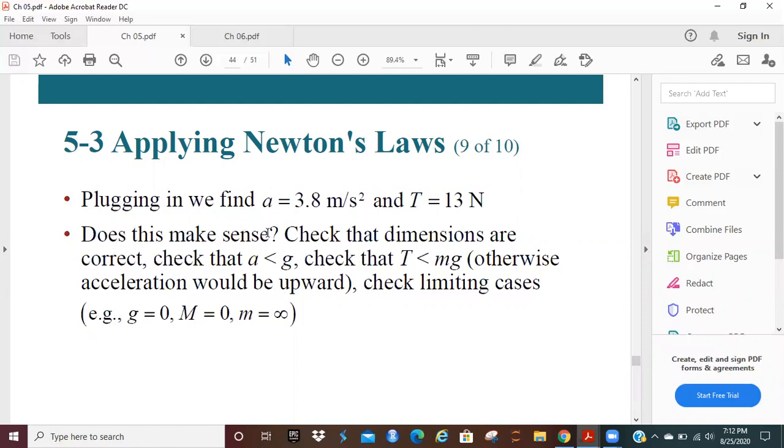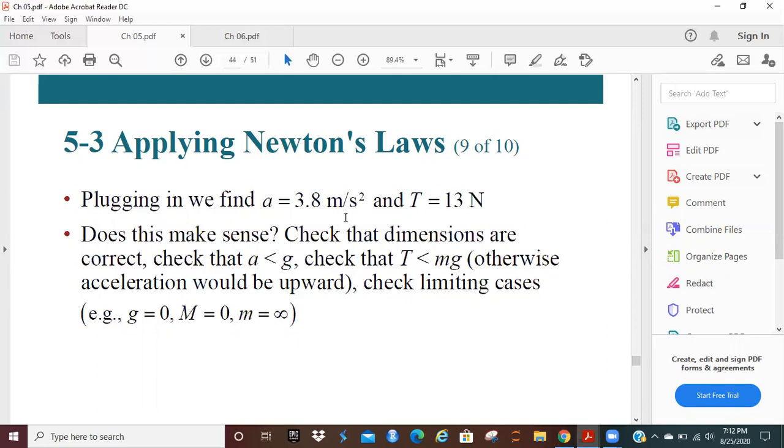It asks the question here, does this make sense? What if we'd got an answer here of a equal to 10 meters per second squared? Would that have made sense? No. And why not? Reason being here is gravity is only going to accelerate to 9.81 meters per second squared, right?